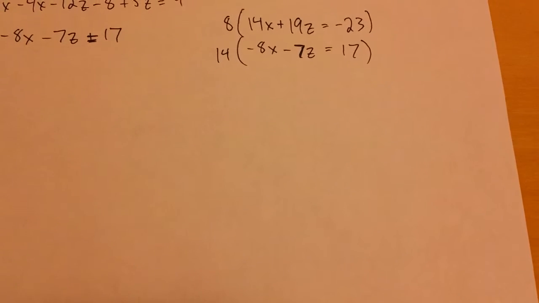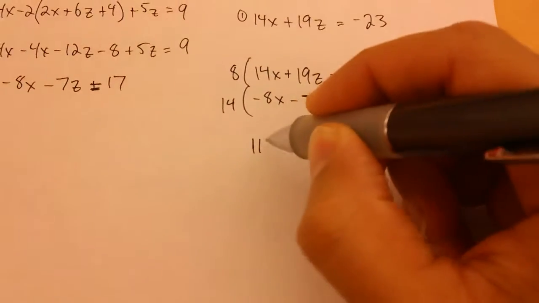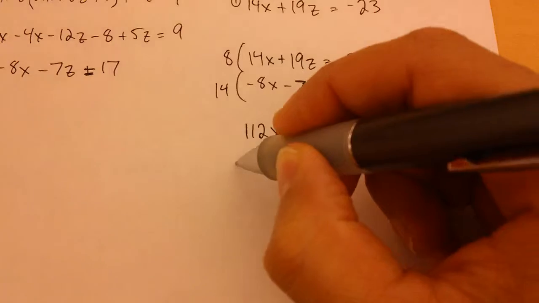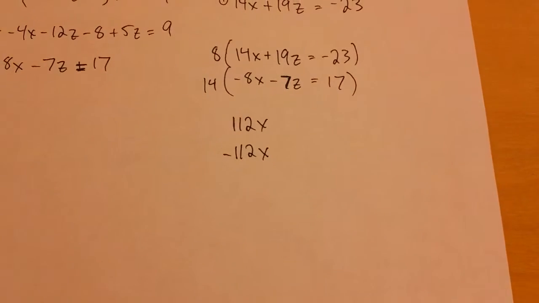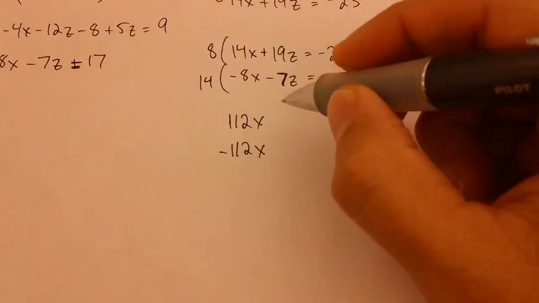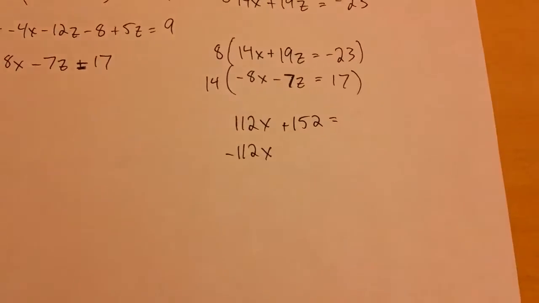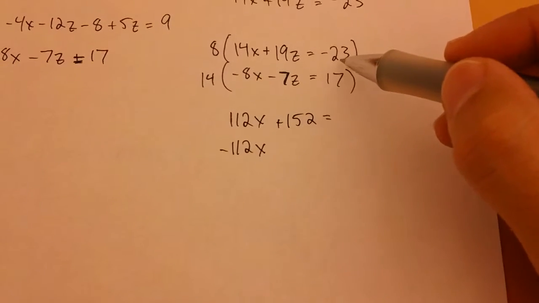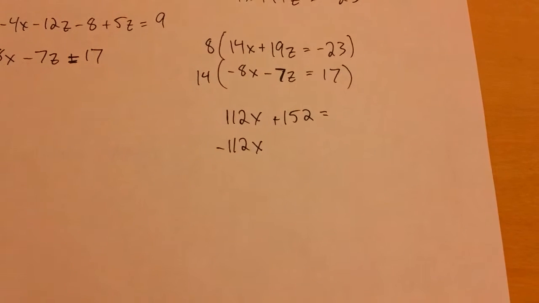So 8 times 14, I knew that's 112. So I'm going to get 112x, and then down here I'm going to get a negative 112x. 8 times 19 is 152z, equals, that's going to be 160 plus 24, just making sure, 184.